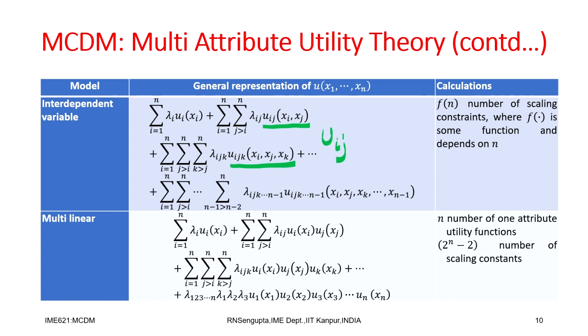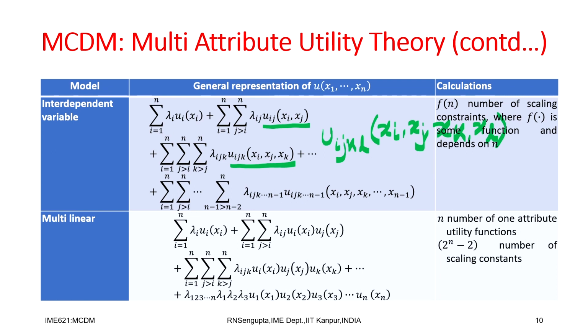So, there are four terms, this is x I, x j, x k, x l, and f is some function which depends on n, depending on how the utility function has been developed.